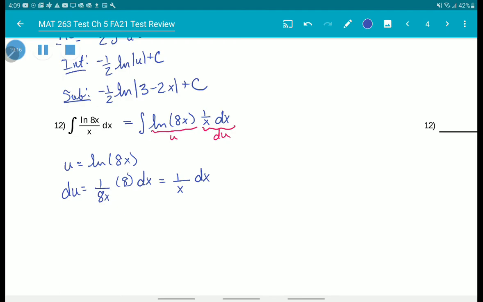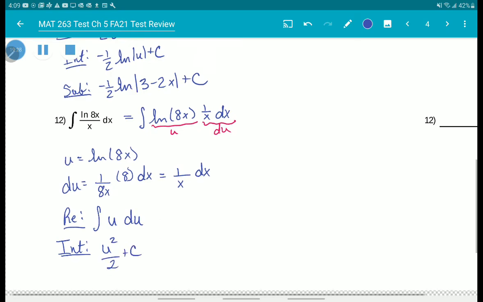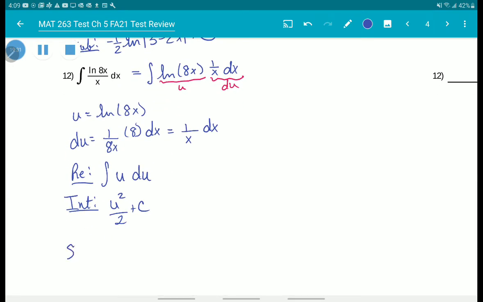So when we do our rewrite, we're integrating u du, and integrating that is the power rule. U squared over 2 plus c. So when we make our substitution, we're going to have 1/2 times the ln of 8x, and that ln is squared plus c. So there's our final answer.